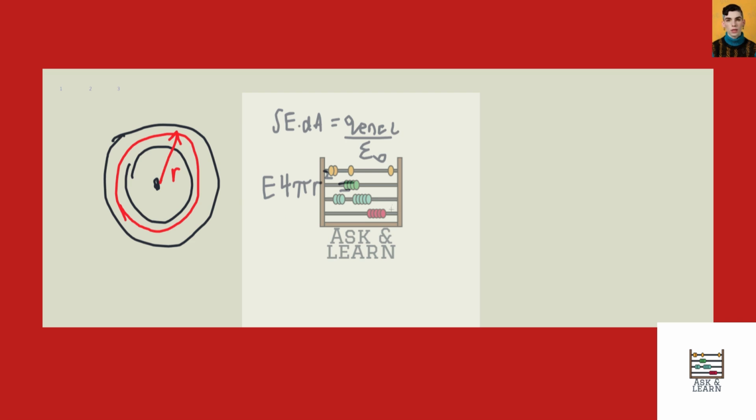But Q enclosed is a little more complicated because the charge is changing in space. So we do need to integrate to figure out that. So I'm going to do this side integral over here. I'll do it in blue because I anticipate a lot of stuff on this page. So Q enclosed is, in general, the integral of the density times a dV volume element. And our density is A over r.